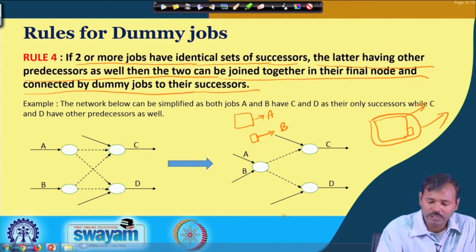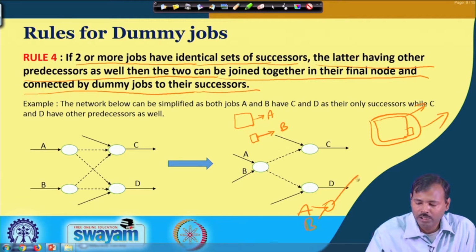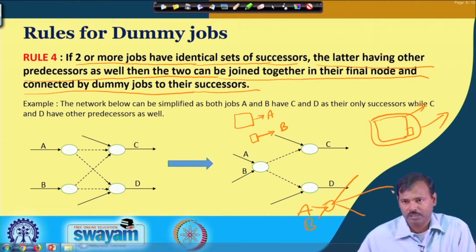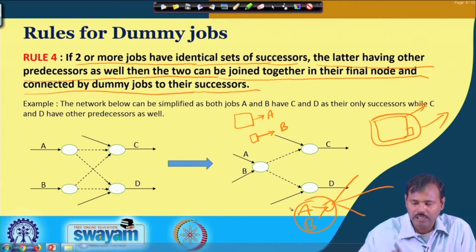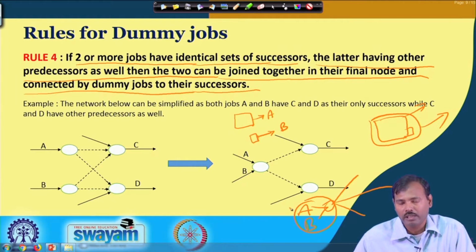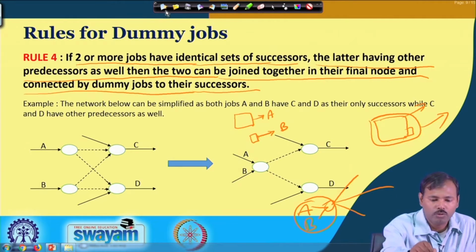So, the dependency of A and B has to come at a certain point, and from that onward it will be used for a number of purposes. The dependency of these are essentially required side by side, so that they will be joined together, then only that can be useful. So, in this type of cases, what do we do?